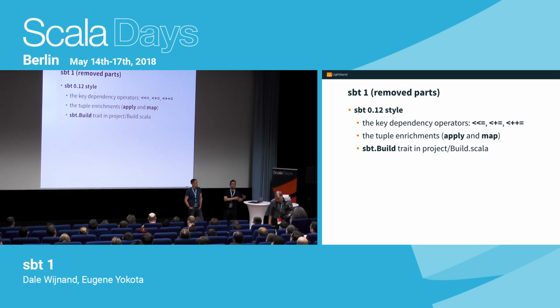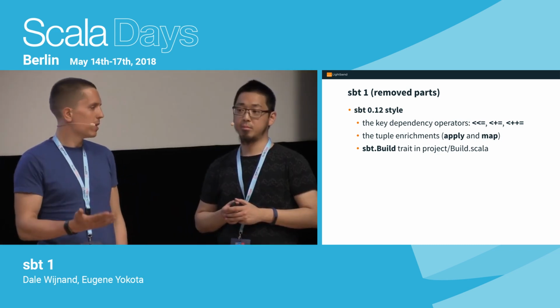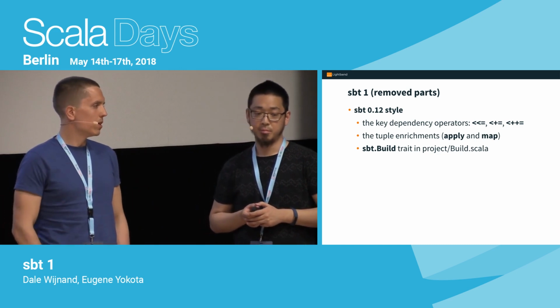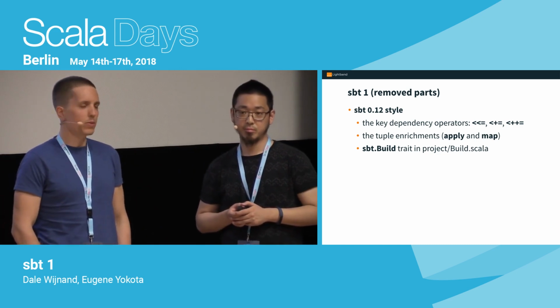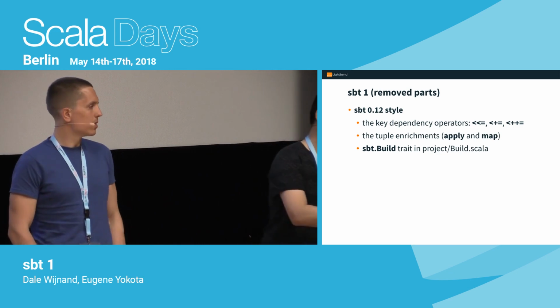We now consolidated to using build.sbt as the only way of writing your build. This was a feature that we introduced in 0.13 and eventually it was stabilized. And so with the major version release, we could remove the old syntax.